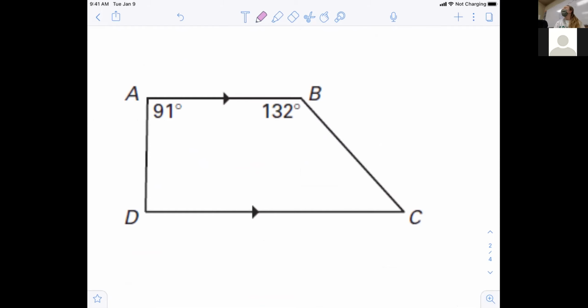Who wants to help me find one of the angles? What's your theory? Ooh, is that a good enough excuse in geometry?